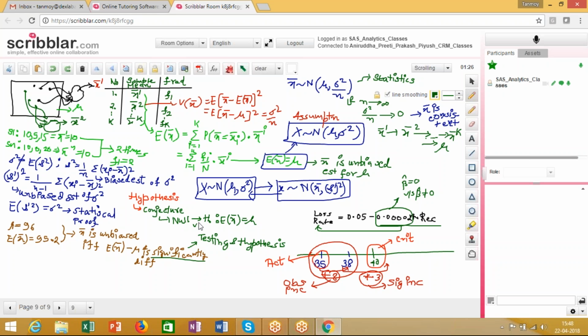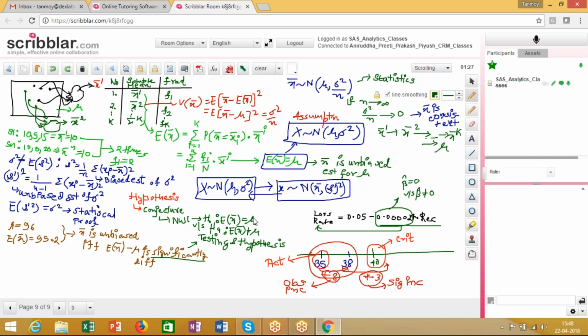versus the alternate hypothesis: expected value of x bar is not equal to mu, right?